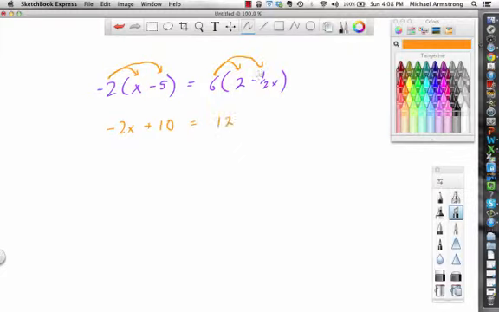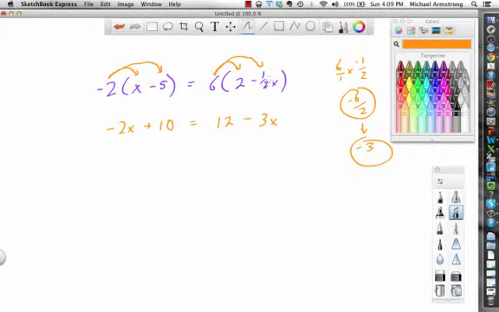And 6 times a negative 1/2 x, 6 over 1 times negative 1/2, ends up being negative 6/2, which ends up being negative 3. So it's going to be negative 3x. So 6 times 2 is 12, and 6 times negative 1/2 x is negative 3x.